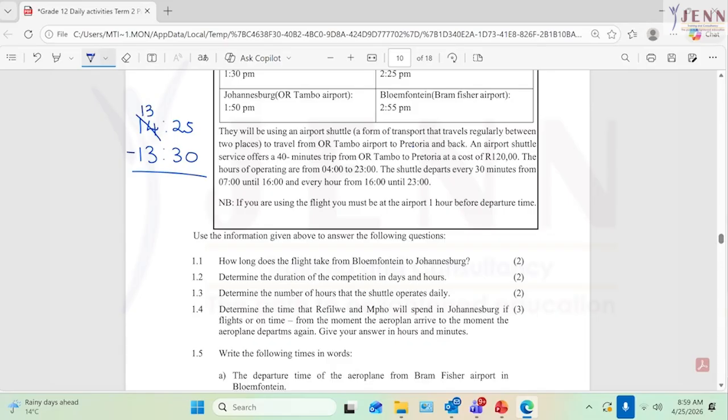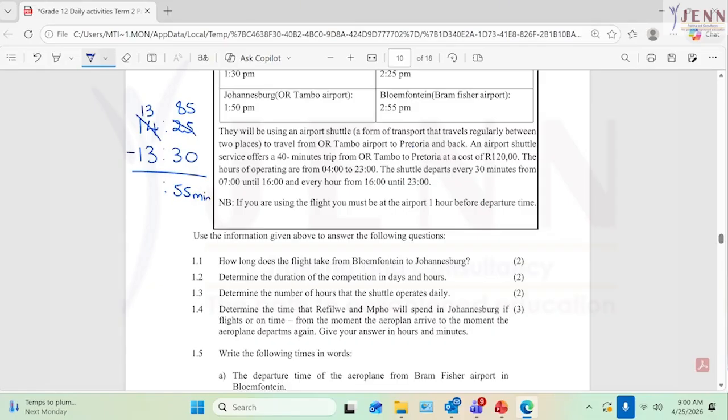If you add that 1 hour, which is 60 minutes, to 25, you now have 85. So 85 minus 30 will give you 55 minutes. Remember, though I wrote the colon, we don't want time, we want the duration.